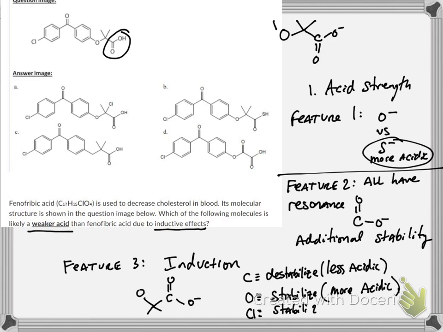D is more acidic for inductive effects because both A and D are removing carbon atoms that are destabilizing and lowering acidity, and replacing them with stabilizing electronegative elements.